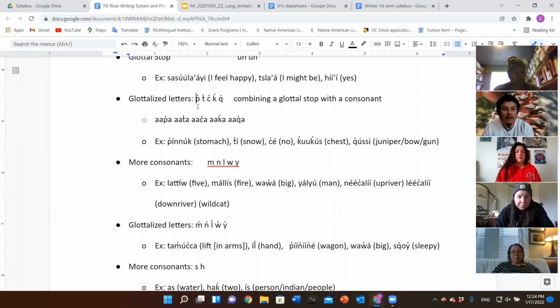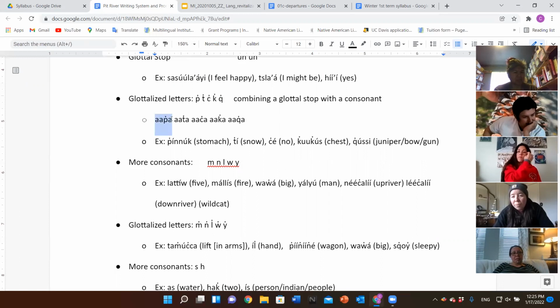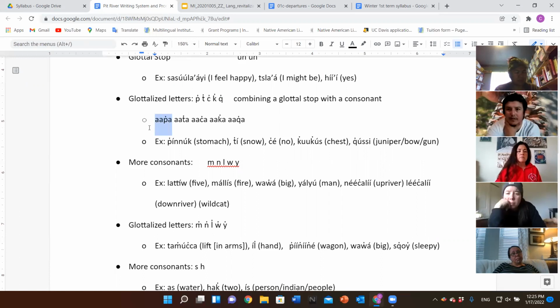What this does is it's like you're making a glottal stop as you're saying the sound of that letter, and it makes your voice a little bit creaky. I'll give you examples of these syllables.